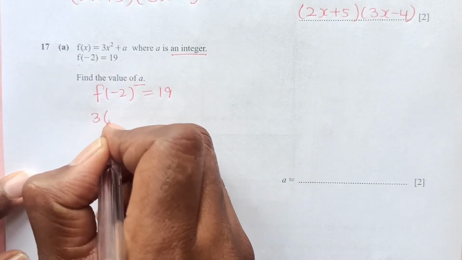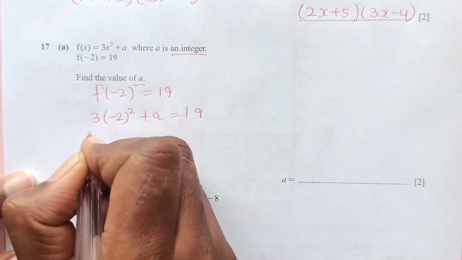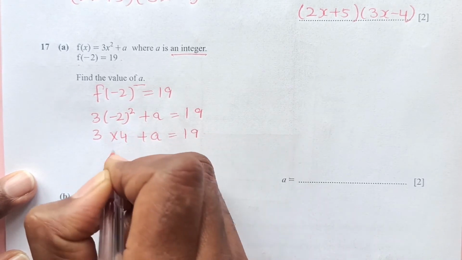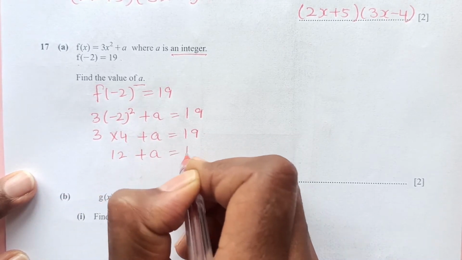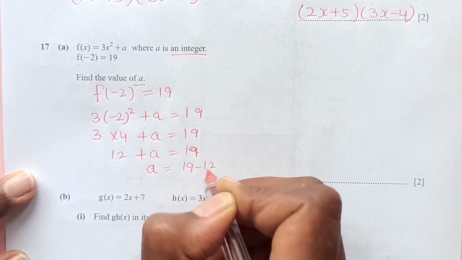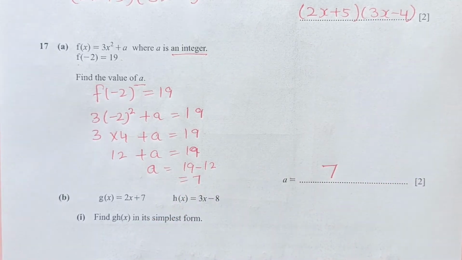So that means 3 times (-2) squared plus a is equal to 19. So 3 times 4 plus a is 19. 12 plus a is 19, and a is equal to 19 minus 12, which is 7. So the value of a is 7, right?